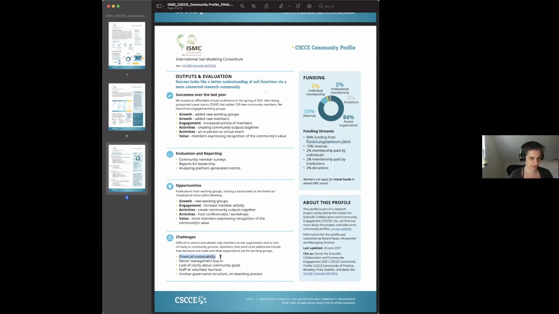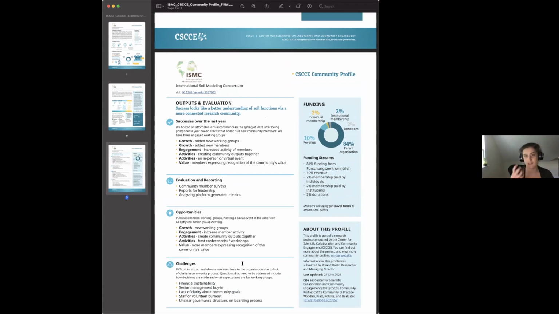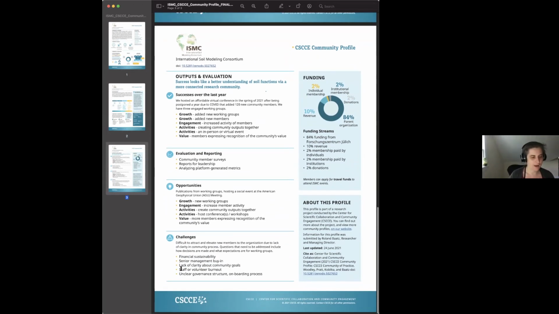Right, so financial stability, like I said, we've got a lot of support from our German research institution for time. Lack of clarity on community goals. So thinking about, okay, the conference is a fantastic thing to organize around. What does ISMIC look like outside of that conference context? Volunteer staff burnout, and then unclear governance structure and onboarding.